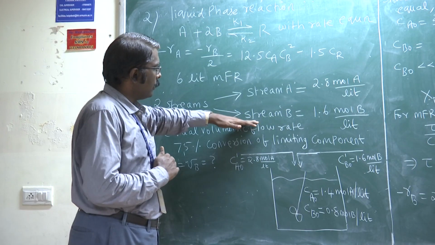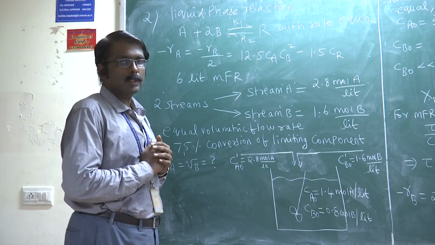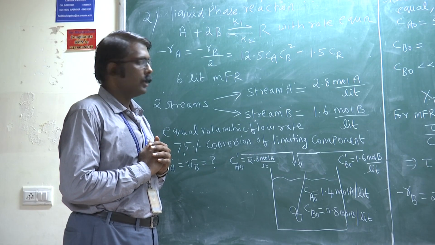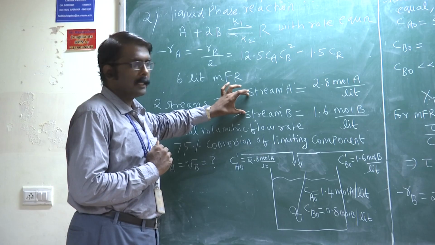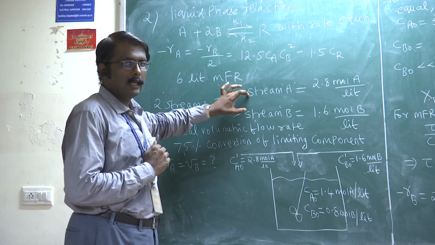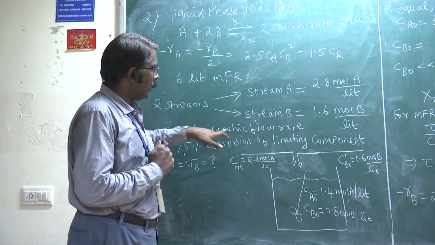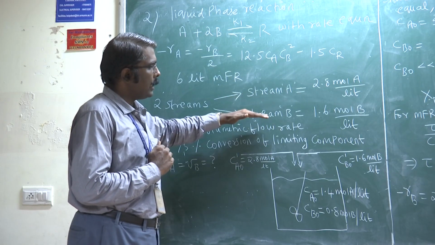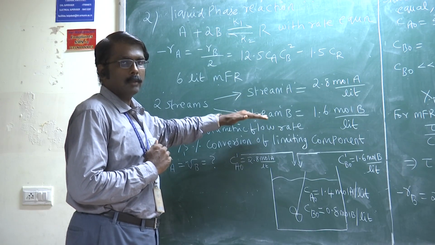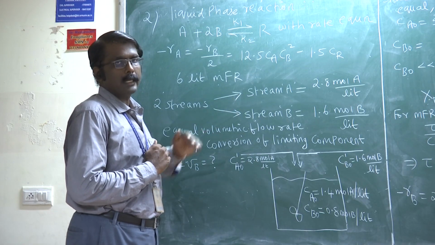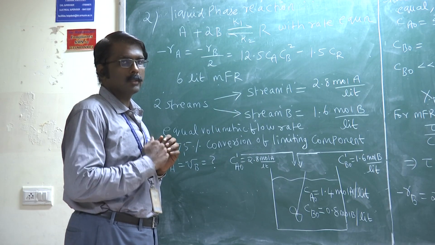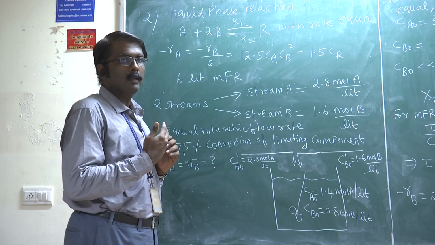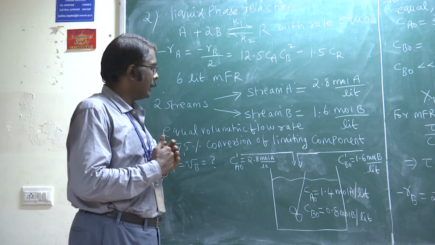The second is stream B, having a concentration of 1.6 moles of B per liter. The two streams enter the mixed flow reactor at equal volumetric flow rate, that is, the same volume per unit time.